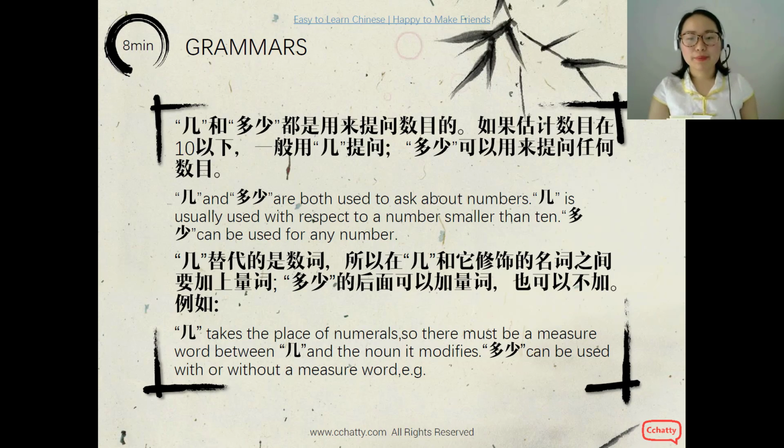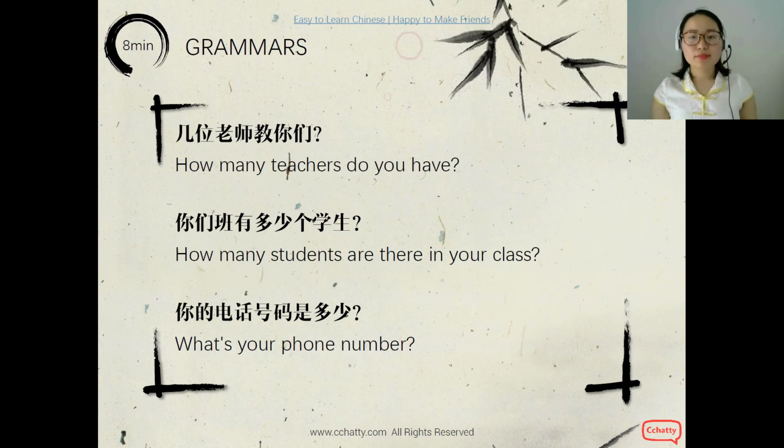So you can ask me, 你有多少书？Follow me again. 你有多少书？多少 and the noun 书. Or I can add 本, 多少本书. Or I can omit 本. Both are okay. So this is the difference between 几 and 多少. Good, and now we do some exercises.